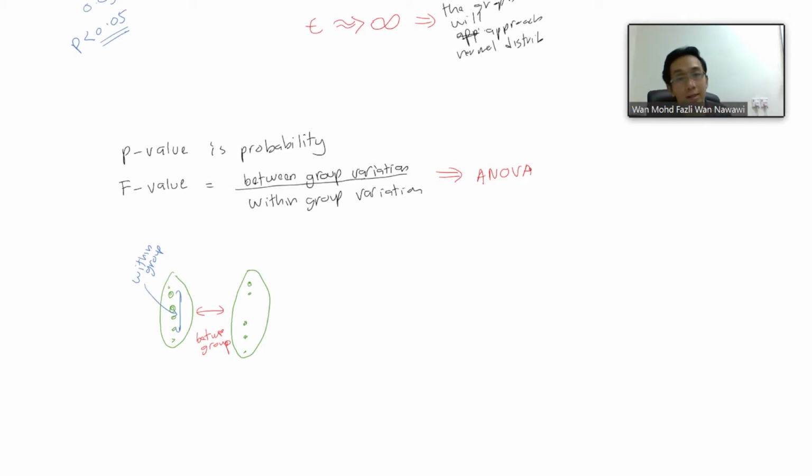ANOVA stands for analysis of variance. You will hear this term again and again. When you perform DOE, the main idea is to perform ANOVA, this analysis of variance. Only after this analysis can they say whether your sample is significant or not. So that's basically the main idea of the F value. The detail I will not discuss here.